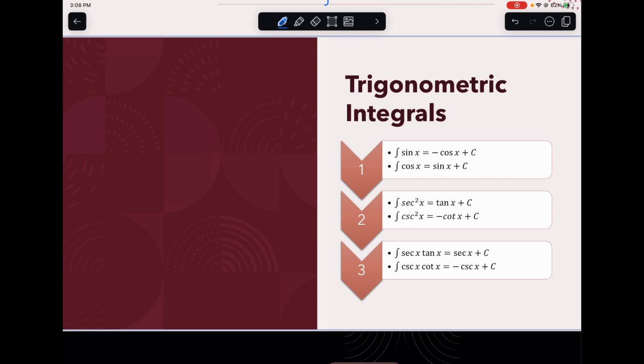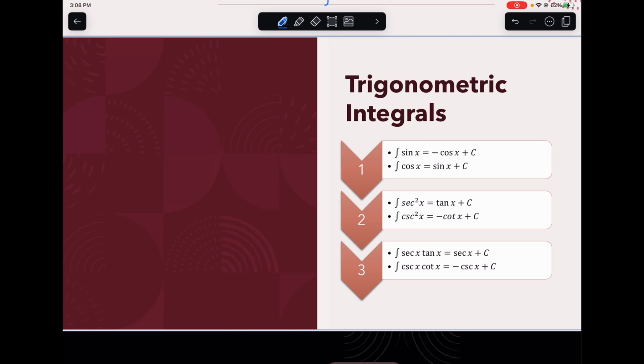On the given integrand, it's already given that we have secant and tangent x, and we're still thinking of complicated ways to find its integral, wherein there is a direct integral for the product of secant x and tangent x, which is secant x plus c. And for cosecant and cotangent, it's negative cosecant x plus c.